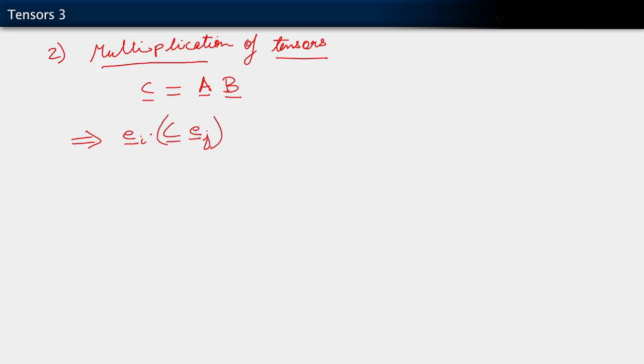Again, I'll put parentheses to make very clear what I'm doing. So that's EI dotted with AB EJ.